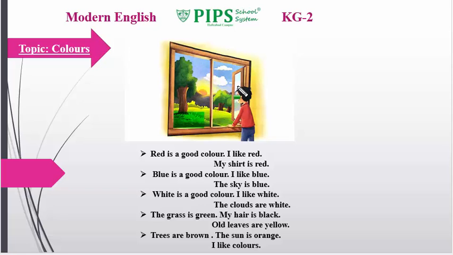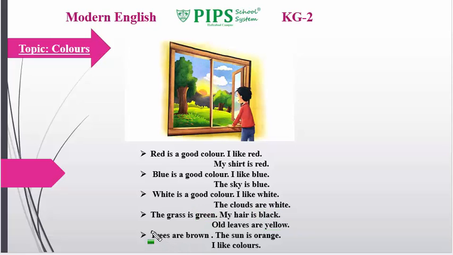The color of hair is black and leaves are yellow. Here is the spelling of green, black and yellow.